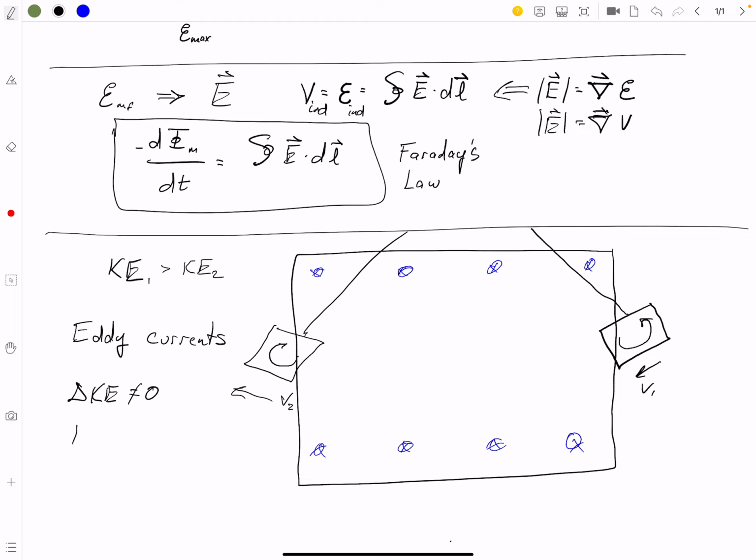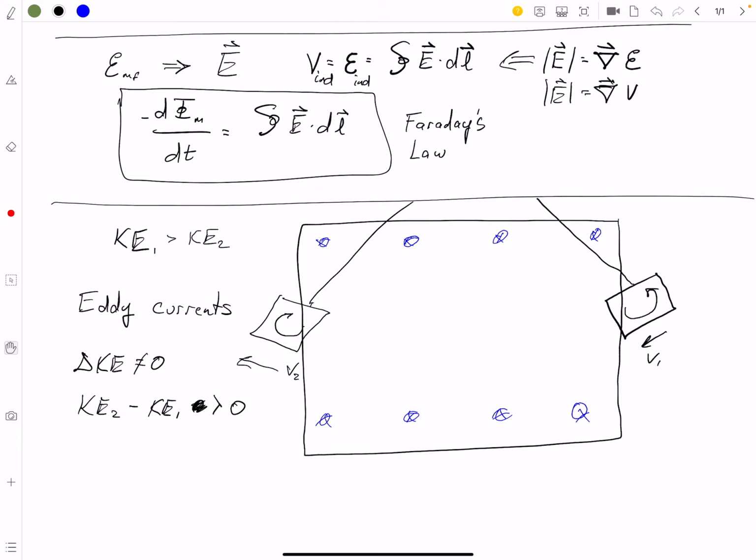You can say delta KE is KE2 minus KE1, and that ends up being negative, or less than 0. You guys can know how to assign Lenz's law. You guys need to be able to do those things.